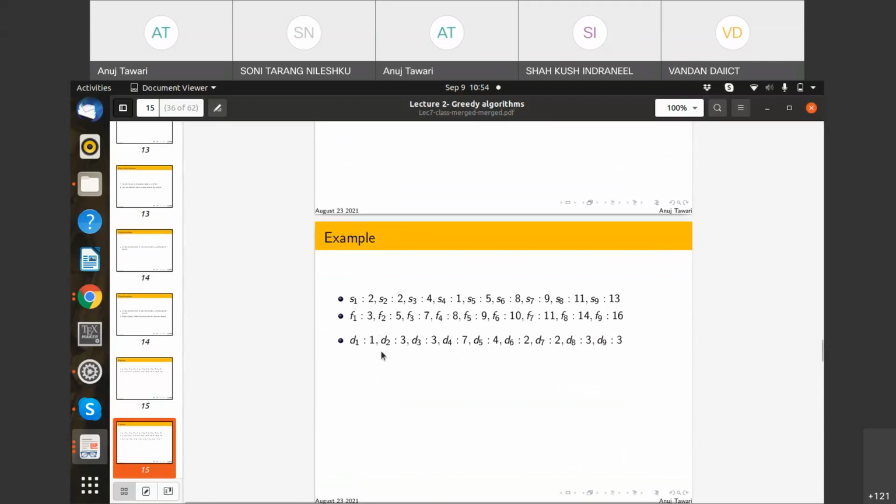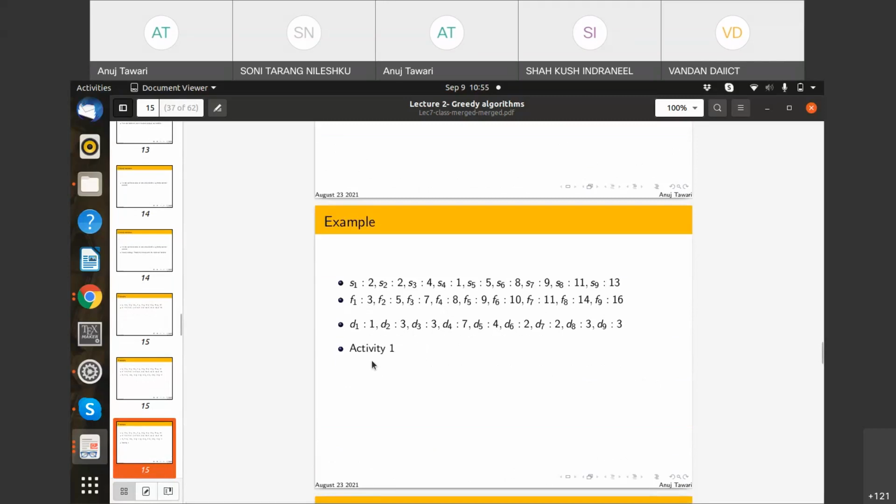So this will run for 1 hour, this for 3 hours, 7 hours, 4 hours, 2 hours, 3 hours. If you want to schedule the maximum number of things, you will ideally pick the one with the smallest running time, right? So you could pick this one first.